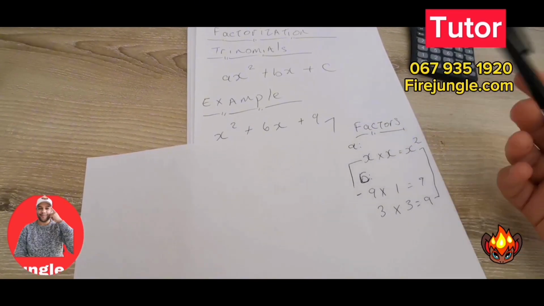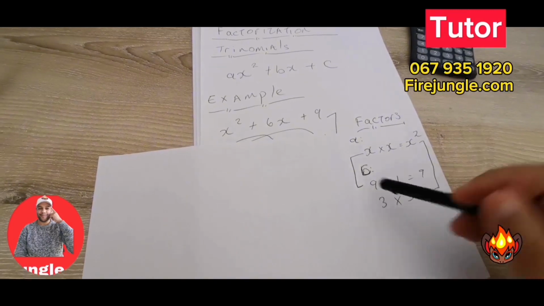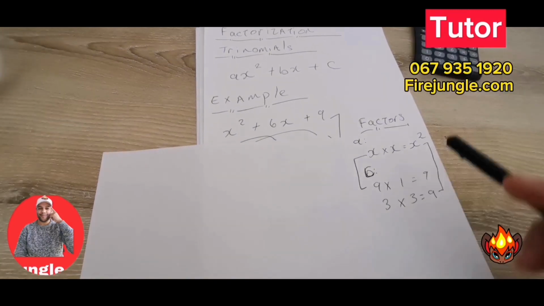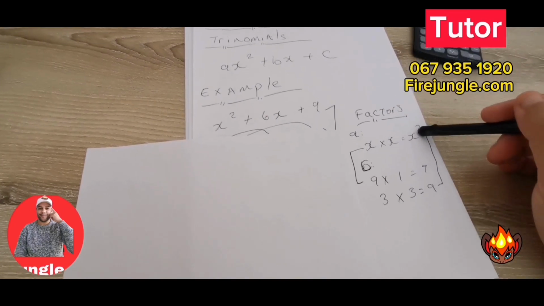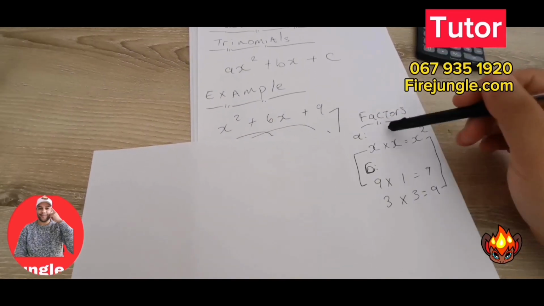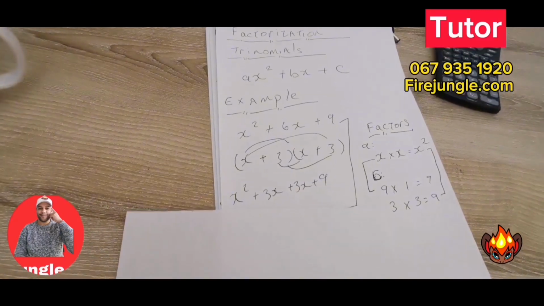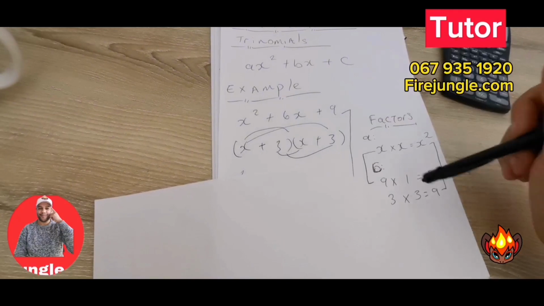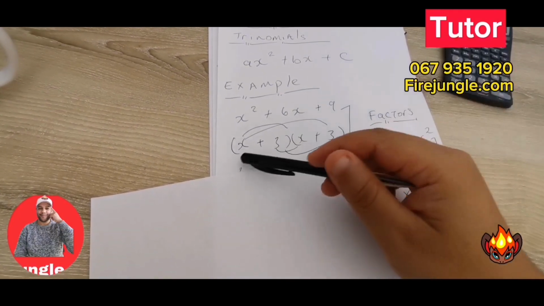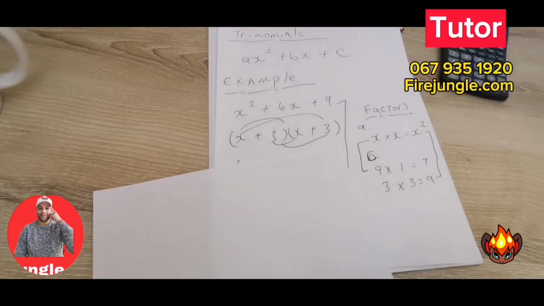So in order to break down the factors of the a term and the c term, that's exactly what we have. We have to try different combinations. Either we place these two in brackets, or we place these two in brackets, and let's see which one works. So we tried x times x, x and x, and 3 times 3 in brackets.